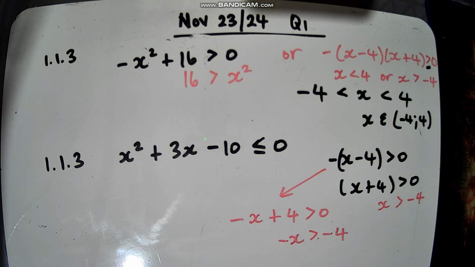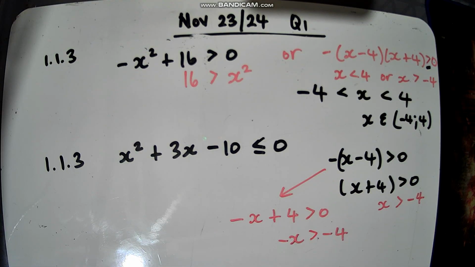So bringing the plus 4 over to the other side, the plus 4 on the right hand side will become a minus 4. Then distributing the negative in the brackets, it will become negative x plus 4 is more than 0. Bringing plus 4 over to the other side will be minus 4. Right, now notice here the signs are facing in the same direction. So maybe you're wondering, why is it that that sign is now flipped the other way?